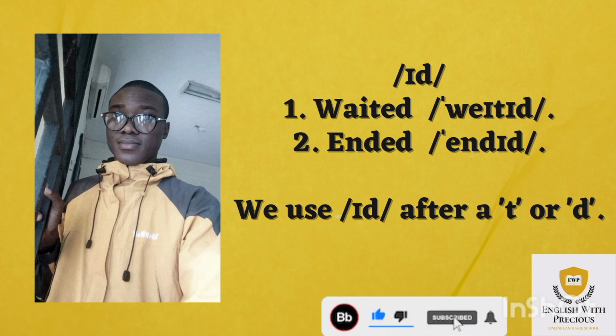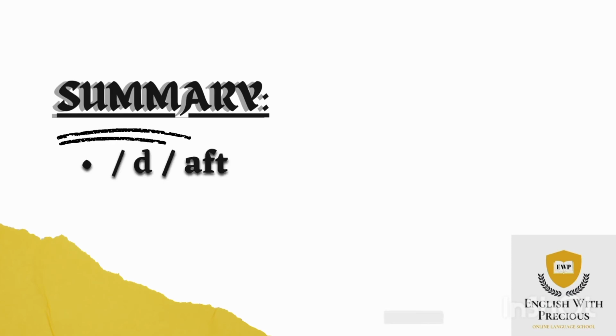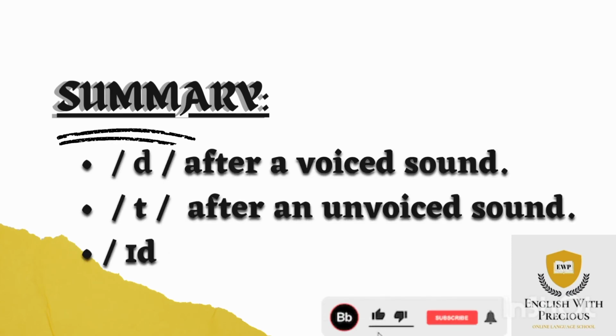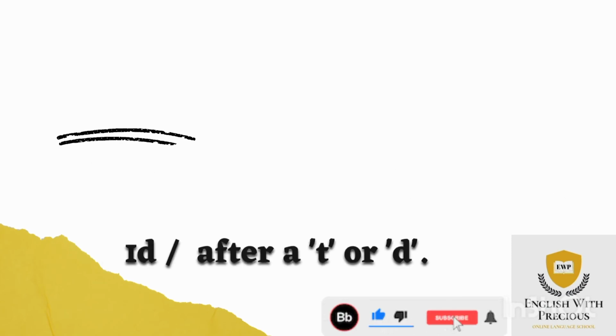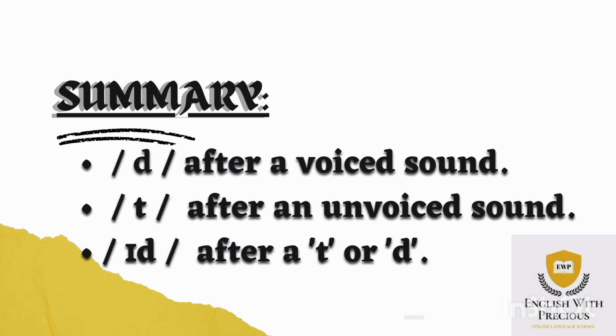So those are the three possibilities. D after a voiced sound, t after an unvoiced sound, and id after t or d. There you go. It's a bit complicated, but I hope it's clear.